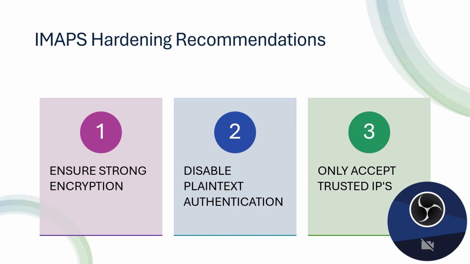To do this, you have to open your Dovecot configuration files and find a line that says disable_plaintext_auth, and you want to set this value to yes. And lastly, we only want to accept trusted IP addresses. By doing this, we are significantly reducing the attack surface and enhancing our security.